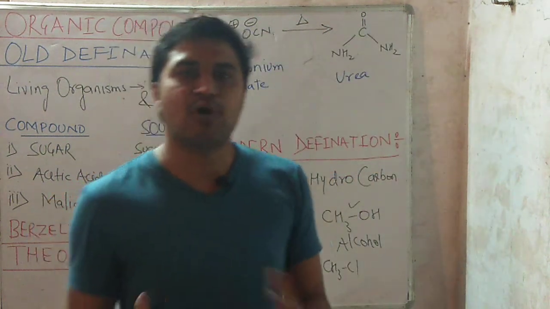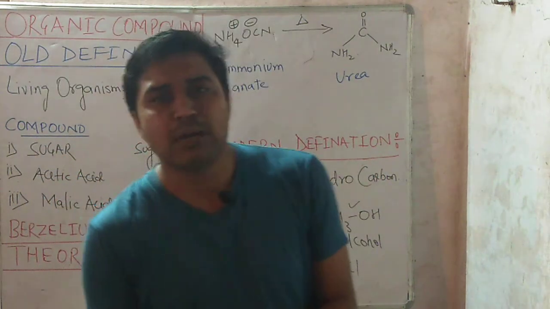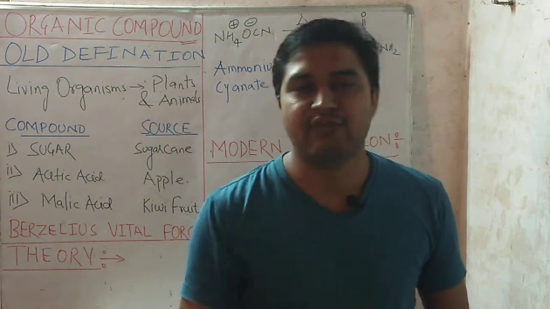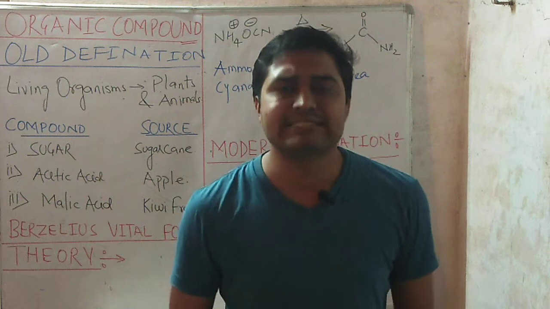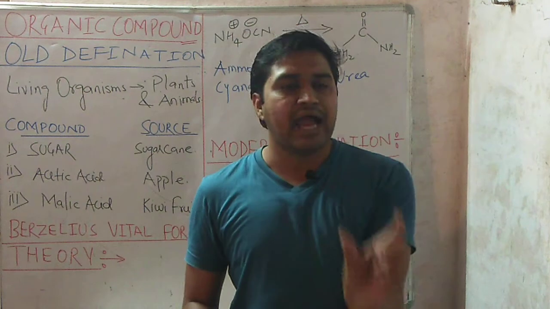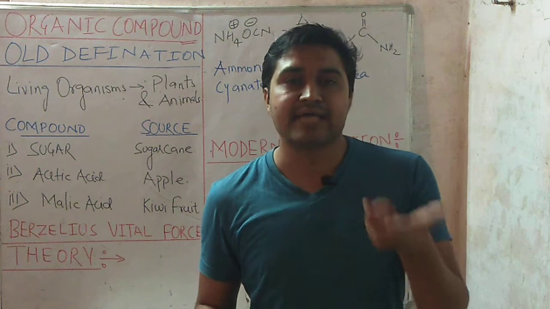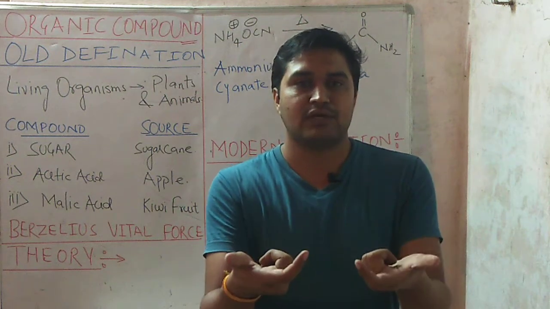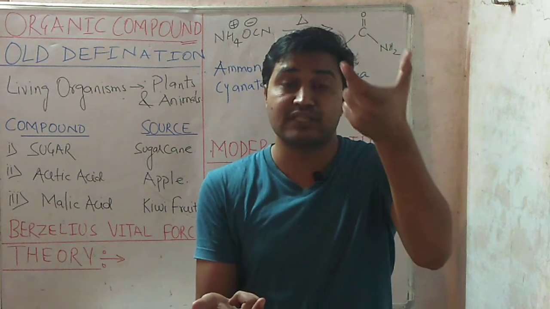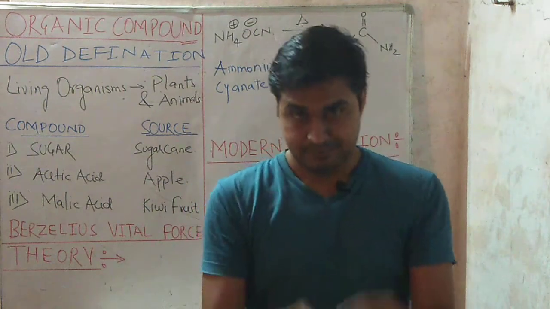According to the modern definition, organic compounds are those compounds which are hydrocarbons and their derivatives. Now, what are hydrocarbons and their derivatives? It's very simple. The word hydrocarbon is made up of two words, hydro and carbon. So a hydrocarbon is a compound which is made up of hydrogen and carbon only.